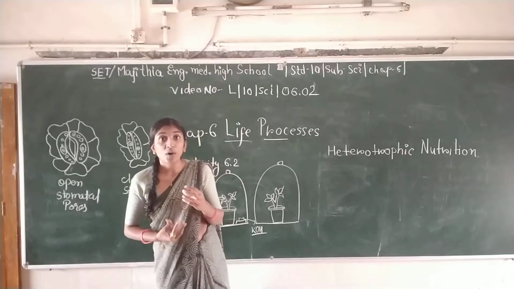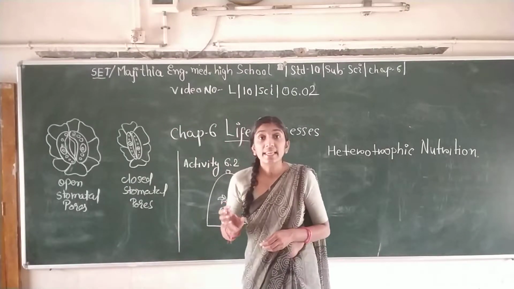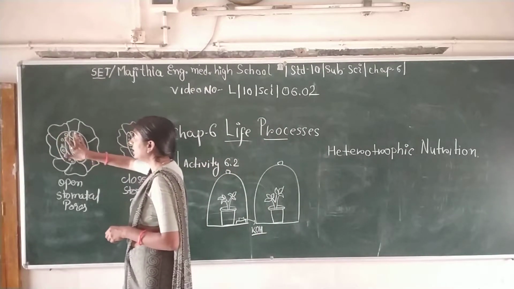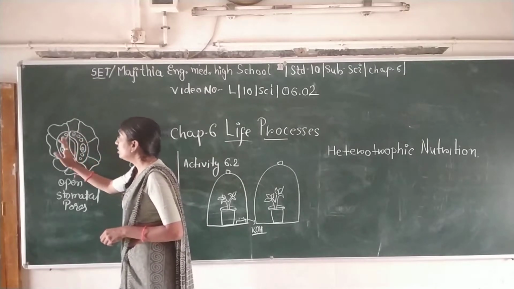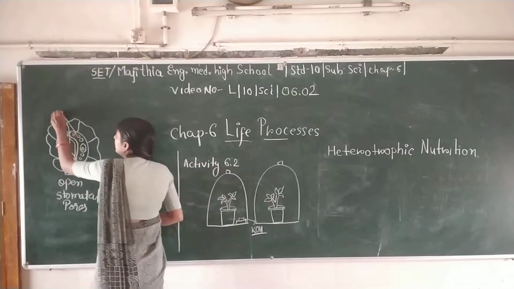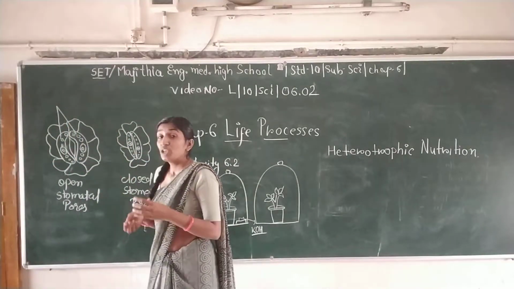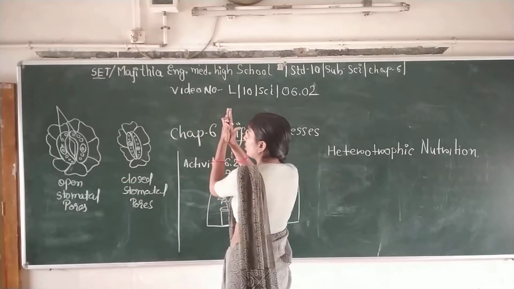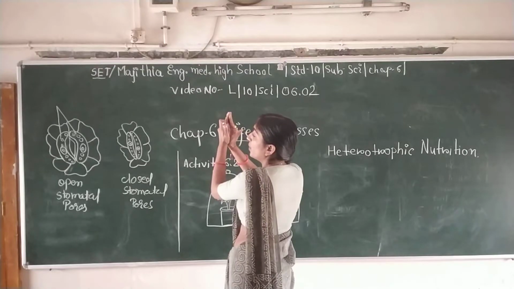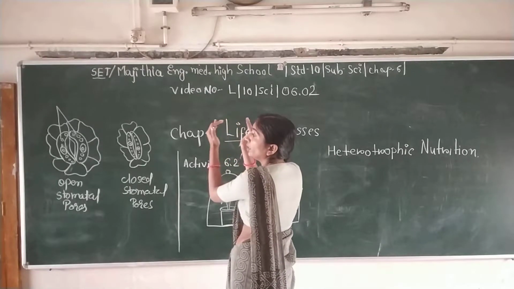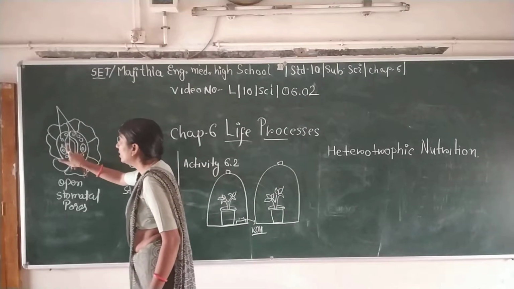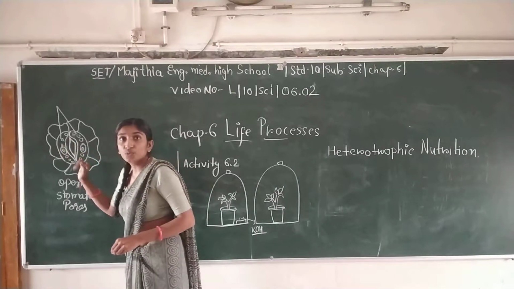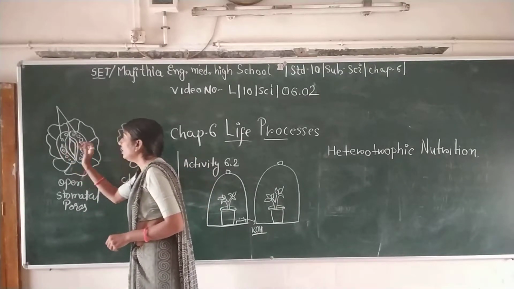When water availability is less, these guard cells, which are kidney-shaped structures, swell up. If these two guard cells swell, the central part opens, so in this hole gases or water can pass through.